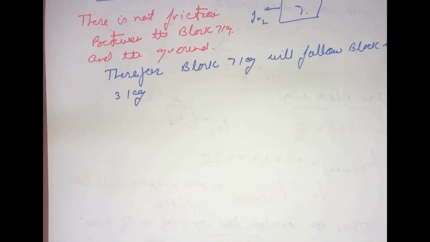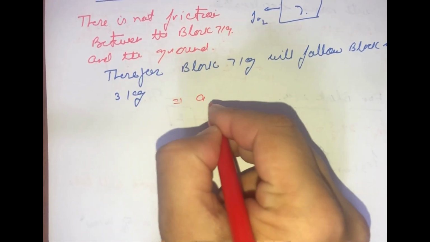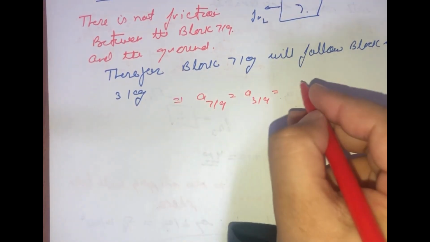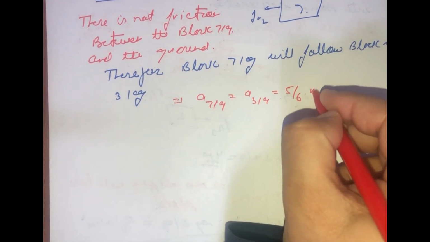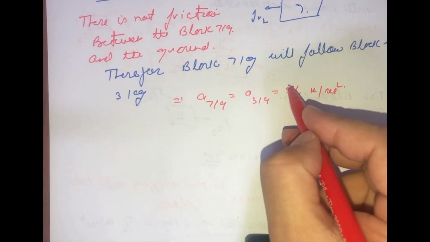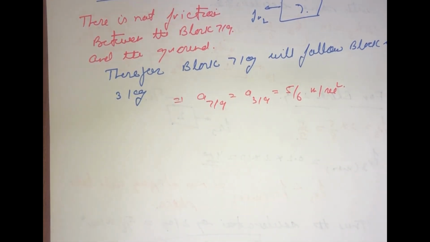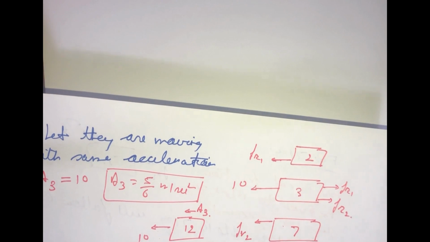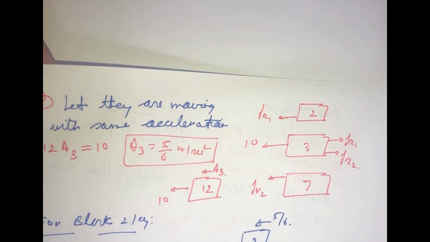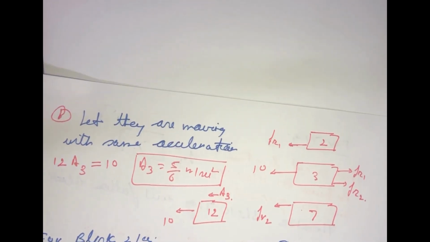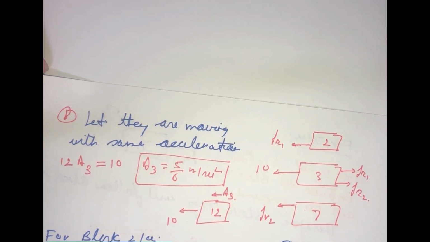So you can say that the acceleration of 7 kg will be the same as the acceleration of 3 kg, which is equal to 5 by 6 meter per second square. Yes, that's correct.